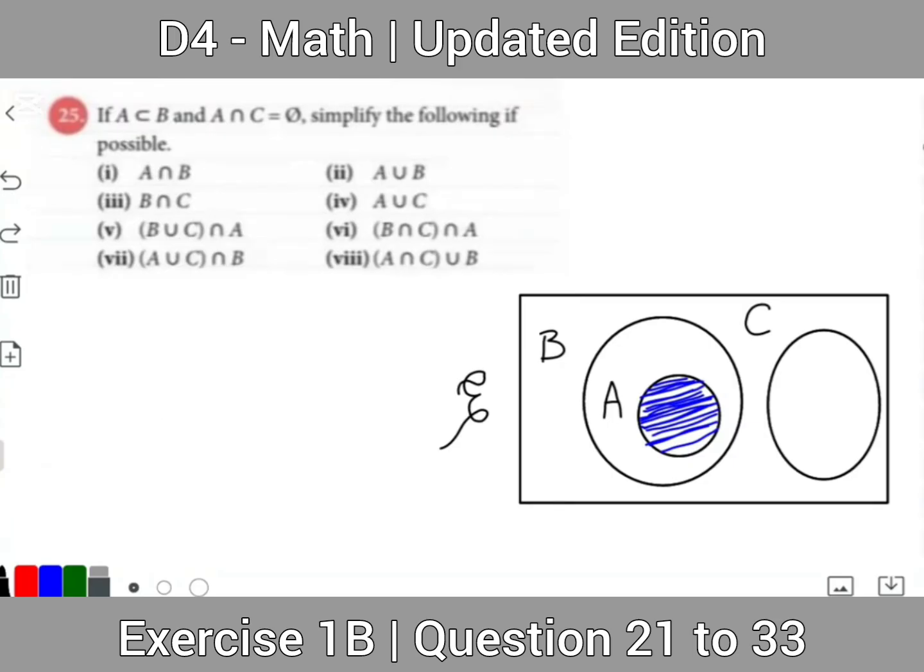Now in the part 2, we have to find out A union B. So A union B means the region of the set A and B both will be included in the shaded region.